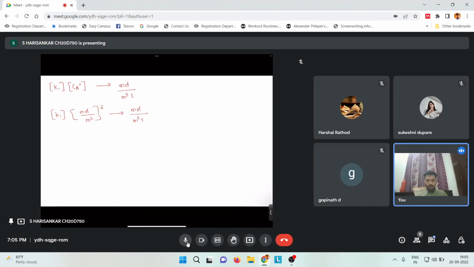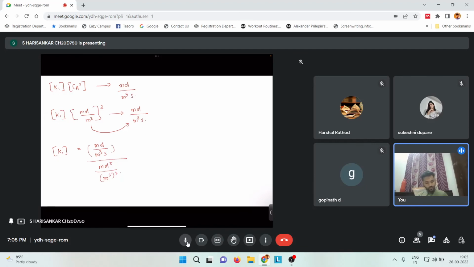Now what we can do is take this unit of Ca square to this side. So unit of K1 will be mole per meter cube second by mole square by meter cube square. Now all we have to do is just solve for this.